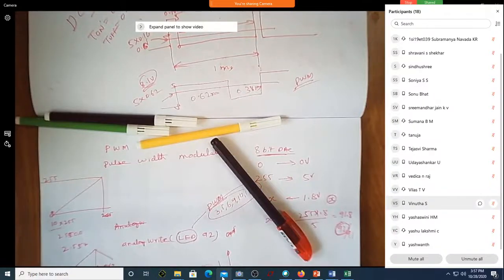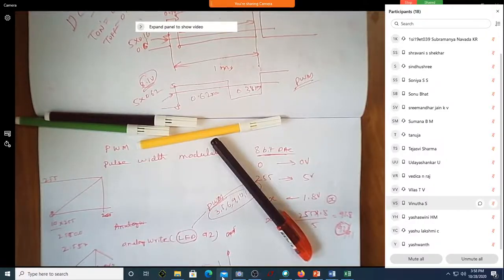Sir, in real life application, where could we use this Arduino? You can think of using it anywhere. Maybe in your room, as soon as you enter, the light should glow, instead of you switching on the tube light switch.